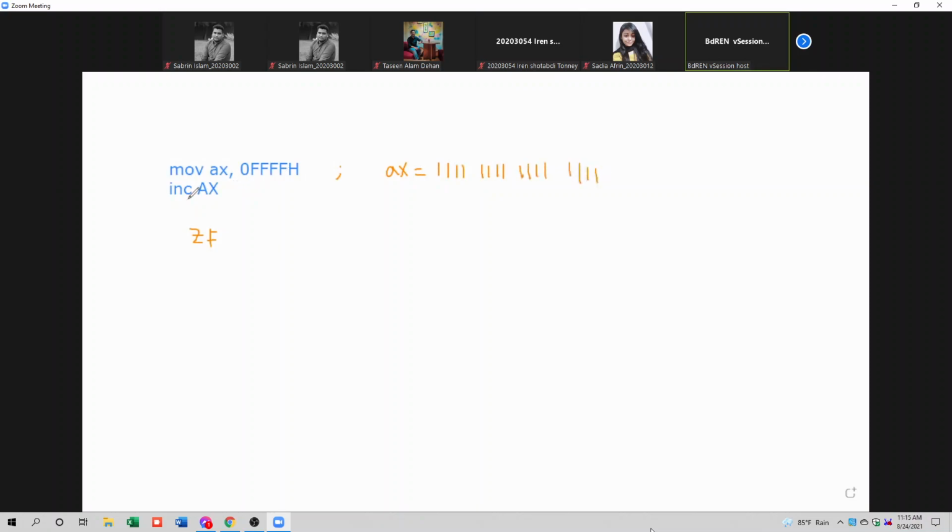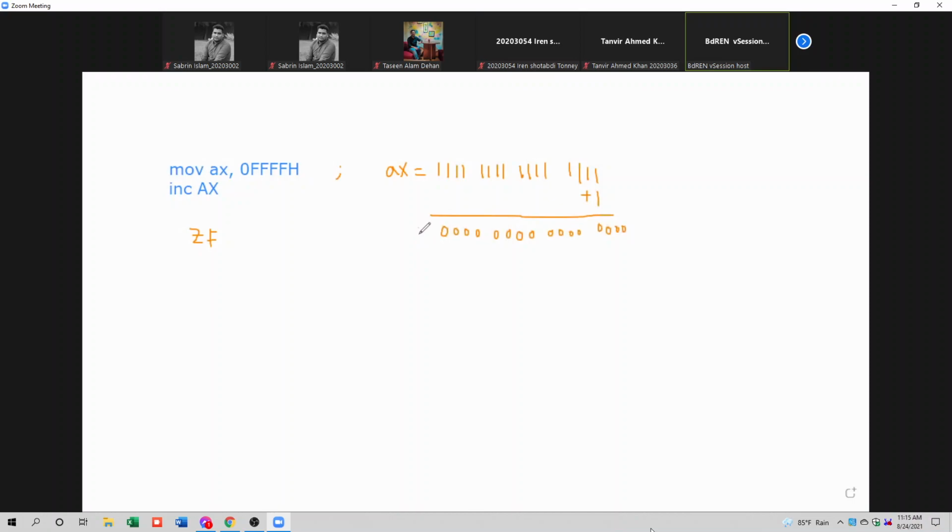And now the second instruction is increment AX. That means we are going to add 1 to the current value of the AX register. So what will be the result of this addition operation? We are going to get 16 0-bits with a carry bit 1. Right?